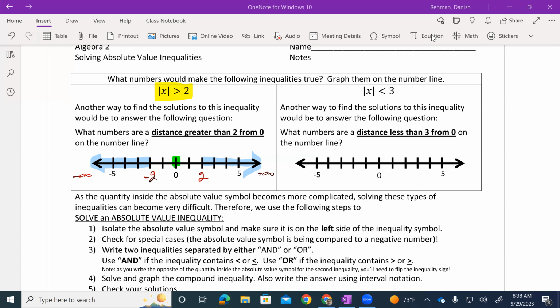Easy? Then after that, if it's the other way around, like if you check the other inequality over here, that's the flipped way, where |x| in that one is less than 3. That means the distance from 0 in that specific case must be less than 3.